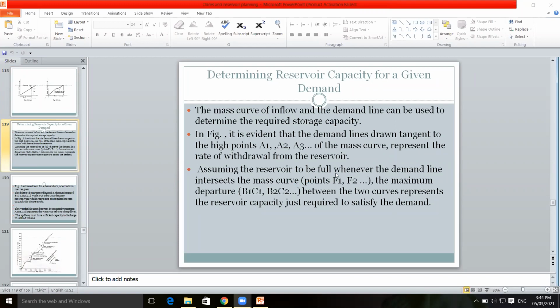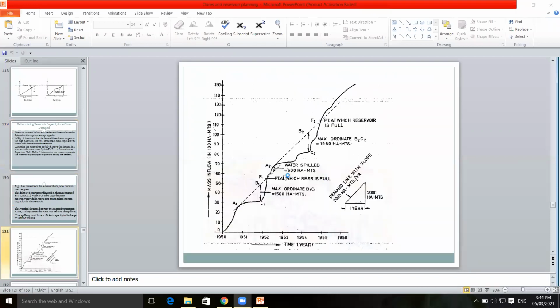When should the reservoir be considered full? When the water stored in the reservoir is at maximum, the reservoir is said to be full. The reservoir is said to be full when this demand line intersects the mass curve at points F1 and F2. In this graph it is shown.